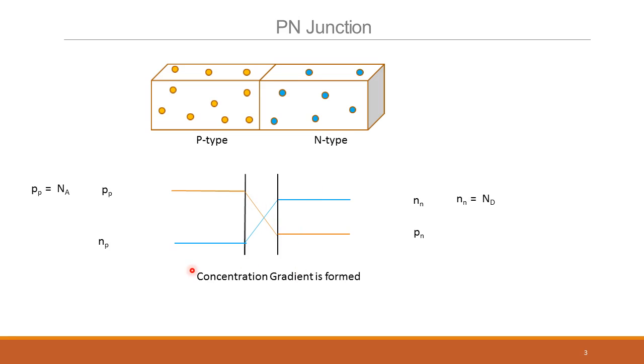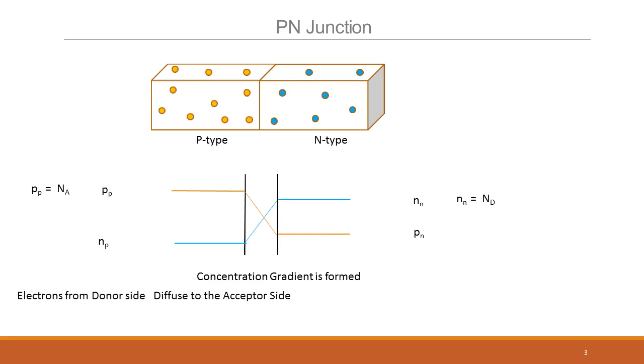Same way for the electrons. This is exactly what I had asked you to discuss. Will it become flat at some point like this? Will the number of holes across the entire semiconductor become flat? Will the number of electrons on the other end become flat like this? Probably not. We'll take a look at that.